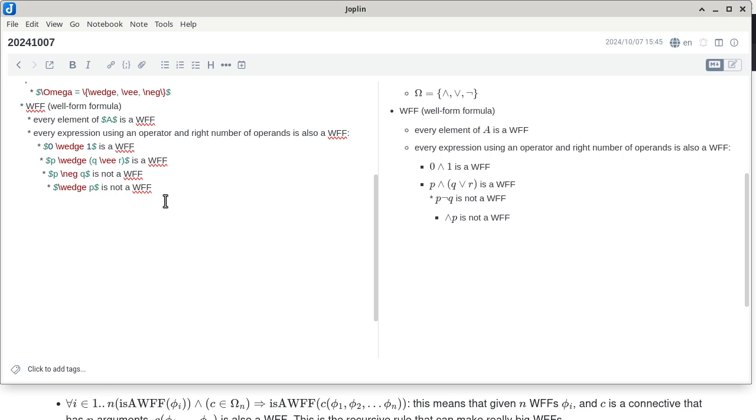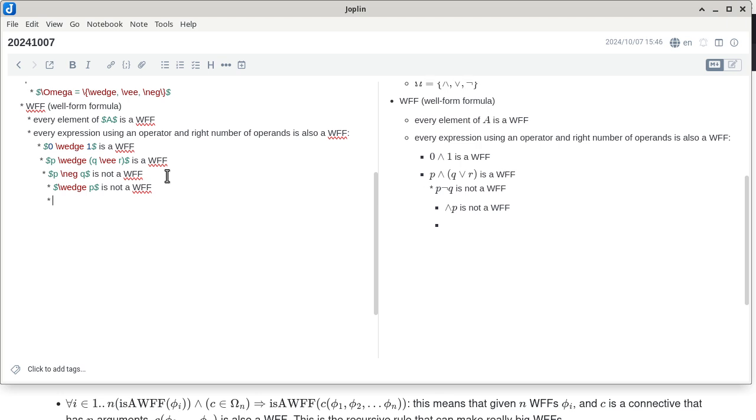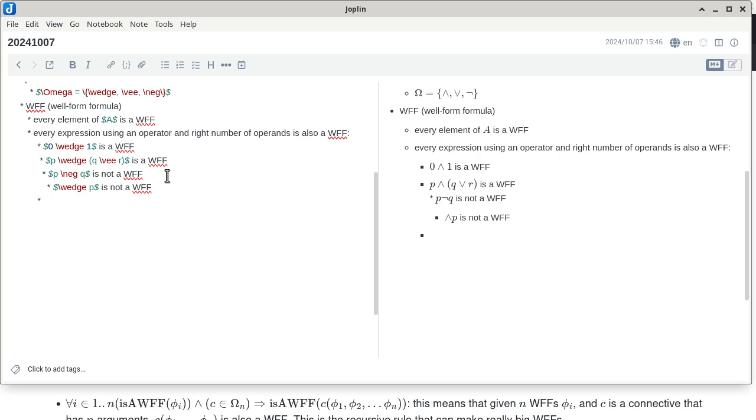So the well-formed formula is basically just syntactically what we can generate out of alpha and omega. Is that okay? So let me just write it here. I'm going to de-indent twice. There we go.